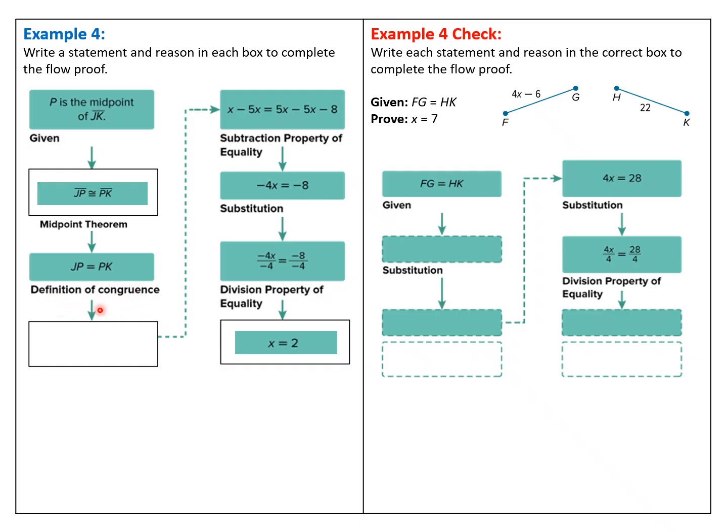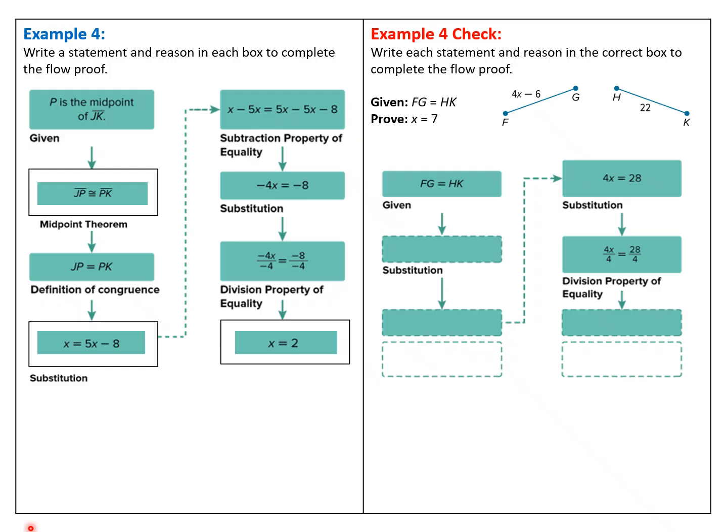At this point, we're substituting the values known from the diagram to say what parts are congruent. Well, JP is equal to x and PK is equal to 5x minus 8. That is through substitution, because we just substituted JP with its value and PK with its expression.